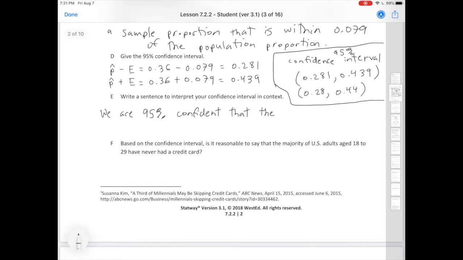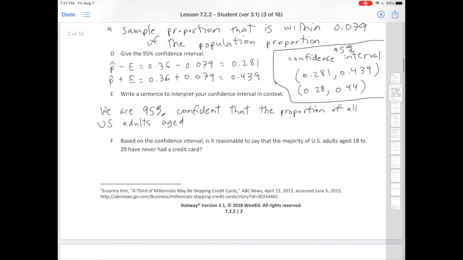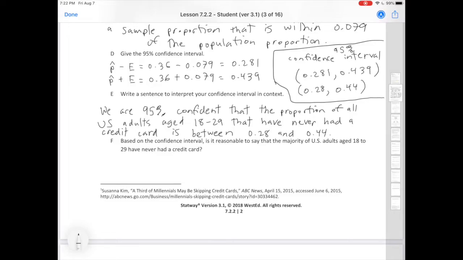Okay, so we want to say we are 95% confident that the proportion of all US adults aged 18 to 29 that have never had a credit card is between 0.28 and 0.44.